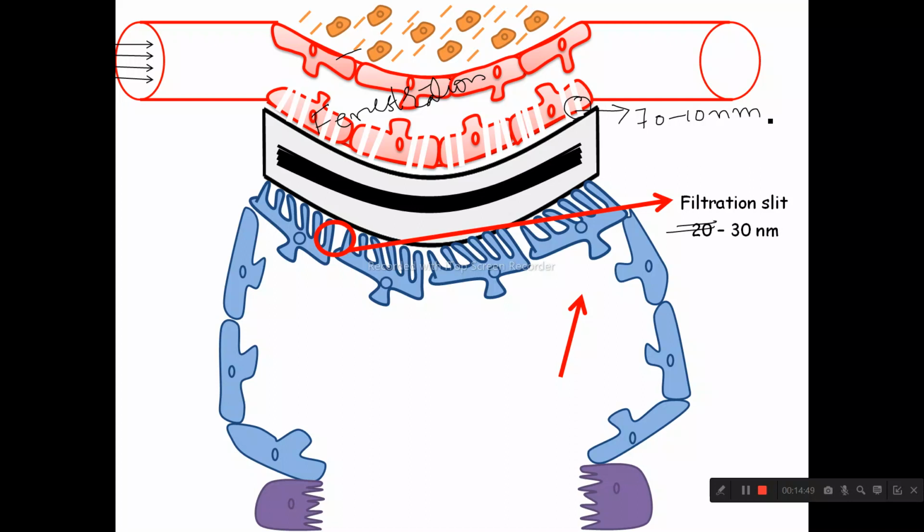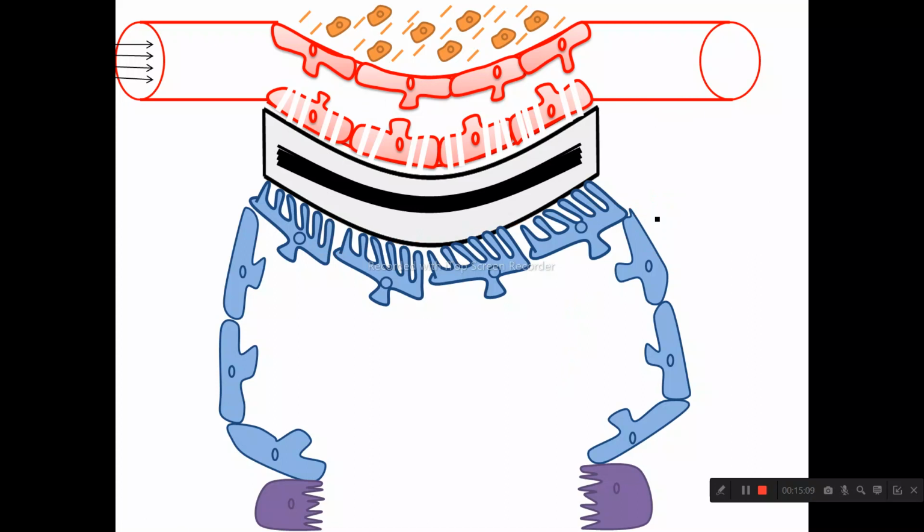Another point to remember is that these visceral epithelial cells only have foot processes. These digits are present only and only in the visceral epithelial cells. Foot processes are not present in the parietal epithelial cells.